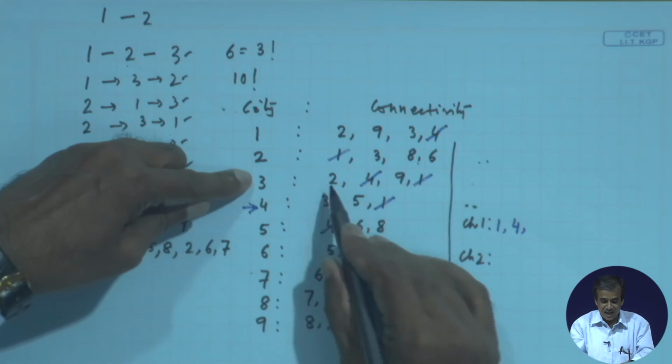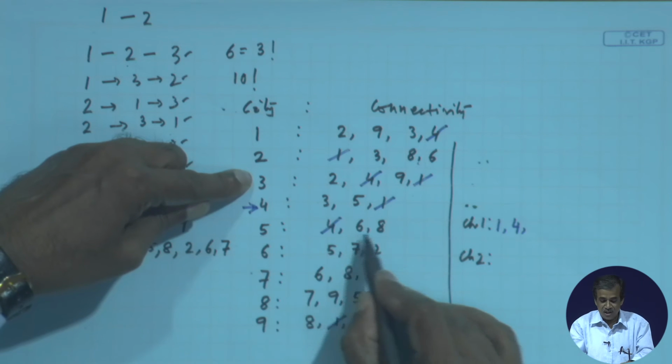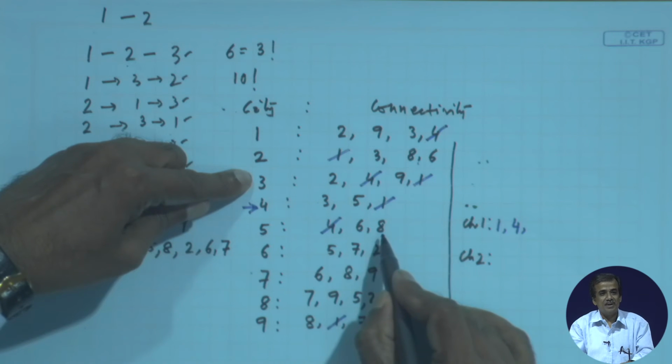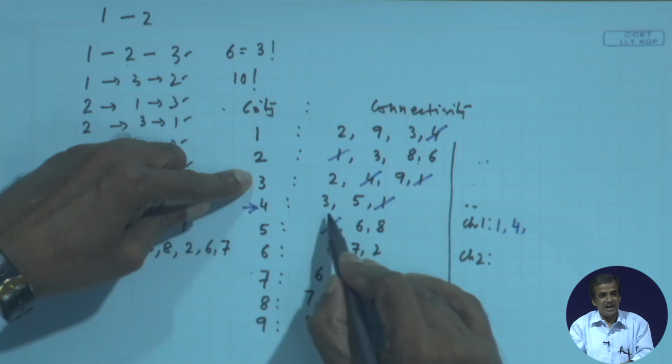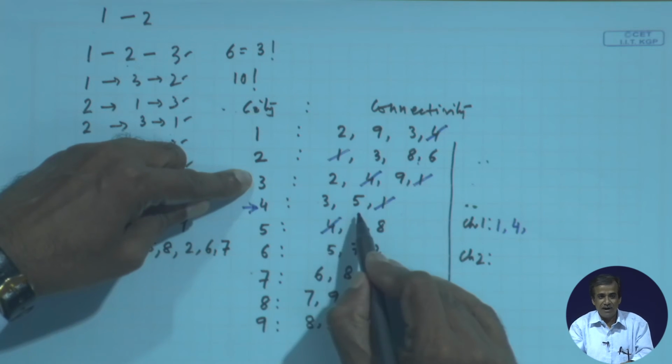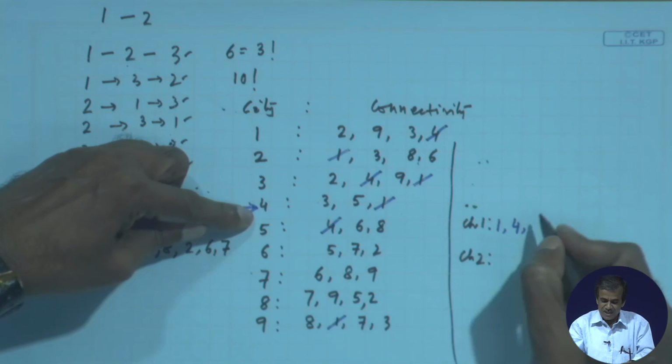Now 3 is connected to 2 cities, 5 is also connected to 2 cities. Okay. So there is a tie. Now for this tie you can select any one. That means after 4 you can select either 3 or 5, any one. Now let me select 3.